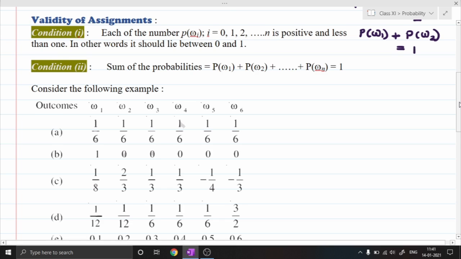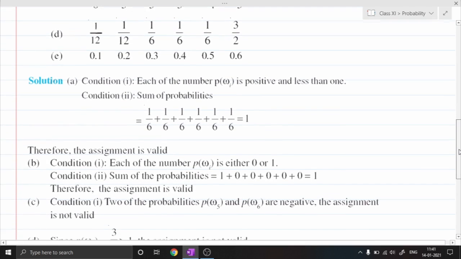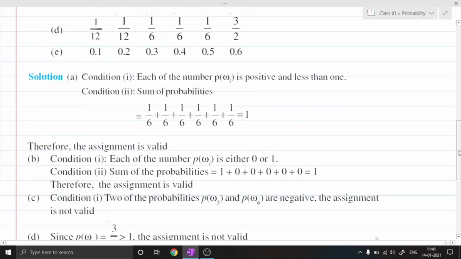So here, according to condition number 1, the assignments are valid because the values are between 0 and 1, including 0 and 1. Similarly, for the second condition, the sum of all the probabilities is equal to 1, because 1 plus 0, 0, 0, all other assignments, if you add, will be equal to 1 only. Therefore, the assignment is valid.